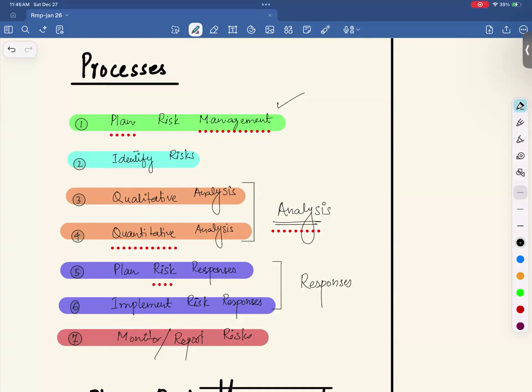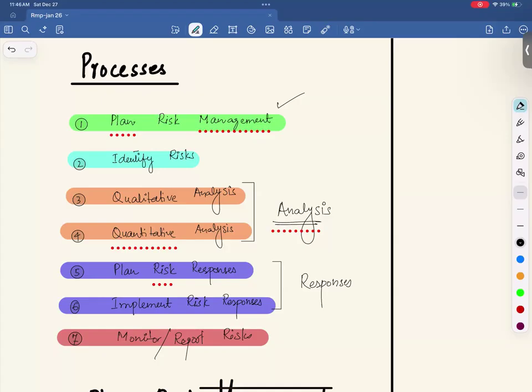So setting the guidelines before you actually jump in to kickstart risk identification. All those guidelines are documented in the risk management plan. You understand, everybody? Defining the structure, defining the framework, documenting the guidelines. That's what we do in risk management planning.